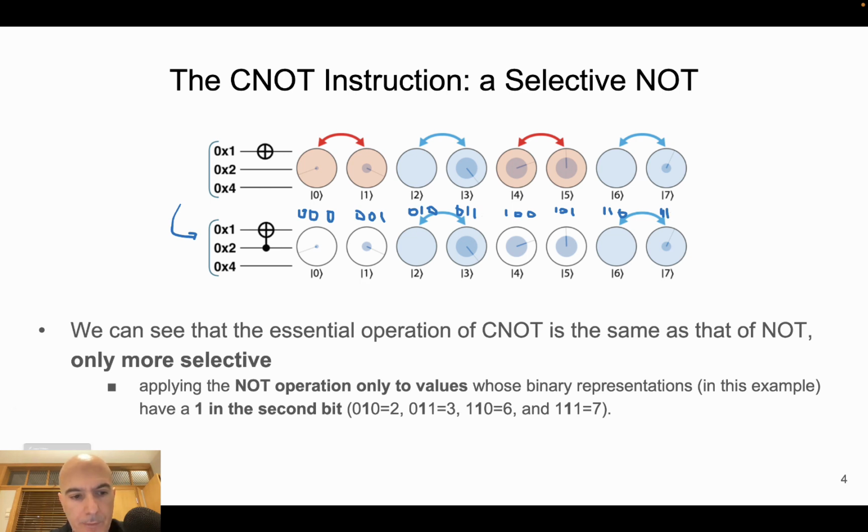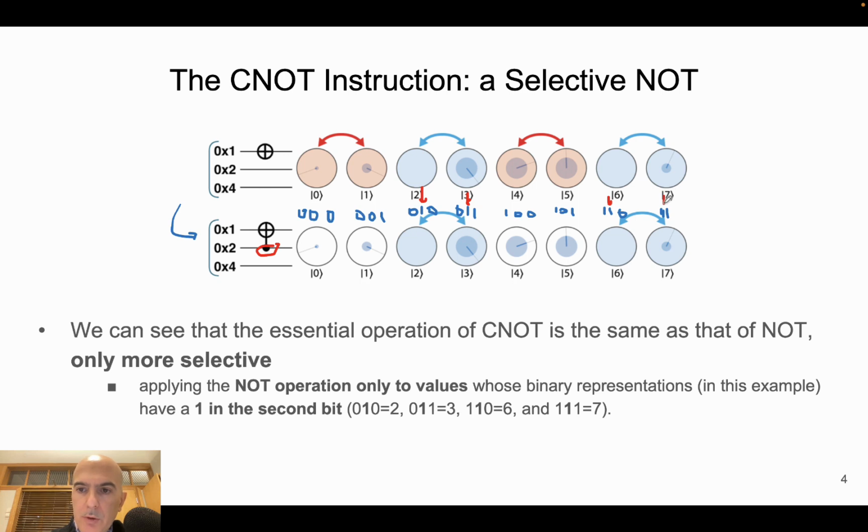We can see, for instance, that this NOT operation only operates on those pairs where the control qubit, the second one, is equal to 1. So we see here 1, 1, and then here we have 0, 0, so nothing, the same here, 0, 0, and then here 1 and 1 again.